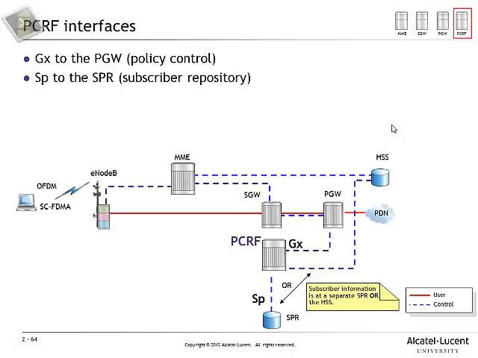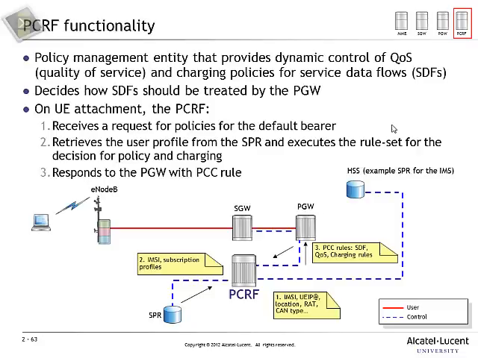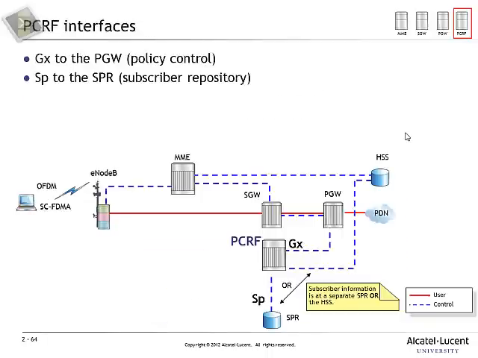So I'll let you go through what's on slide 63. There's more detail below the slide that explains how the PCRF works. In terms of interfaces, the PCRF has an interface to the packet gateway called the Gx interface, and also an interface called the Sp interface to the subscriber repository. Now, the SPR could also be located within the HSS, because that would be one place where we have all the subscriber related information.